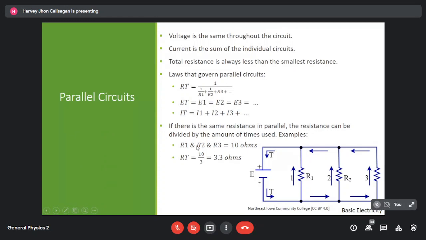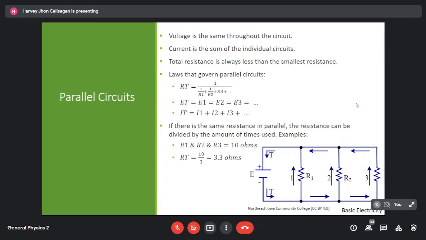This should be the only wire supposedly, the only source. But since we have resistances in every division, we need to consider the presence of the resistance. So we have one divided by the following resistances. That's why we have one divided by R1 plus one divided by R2 and so on and so forth.